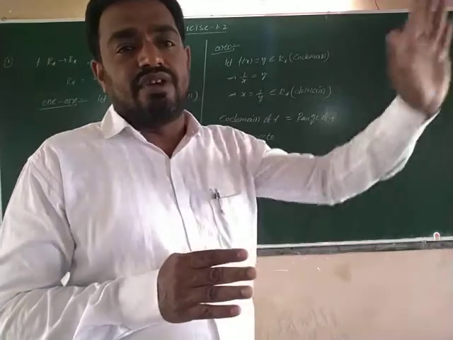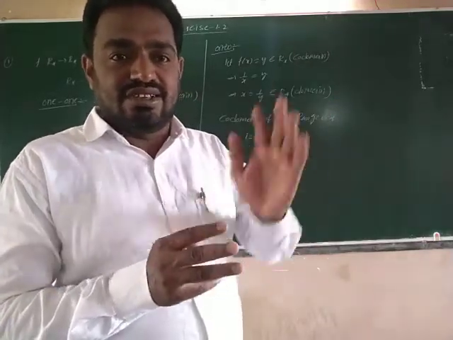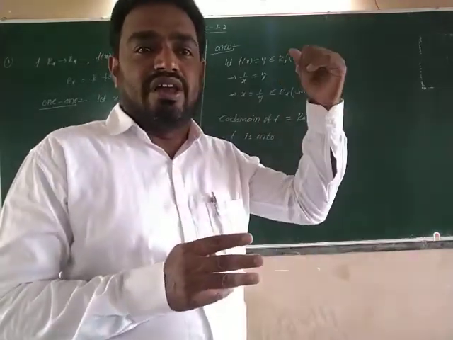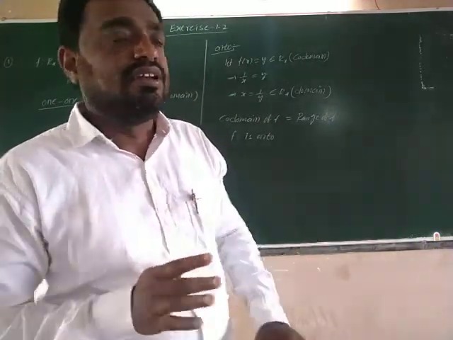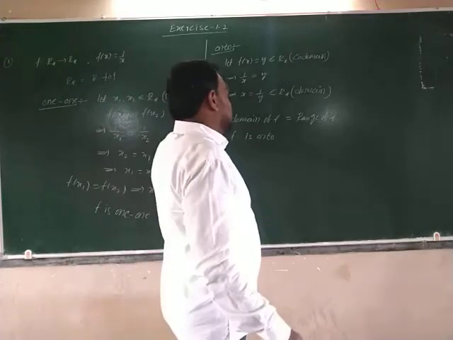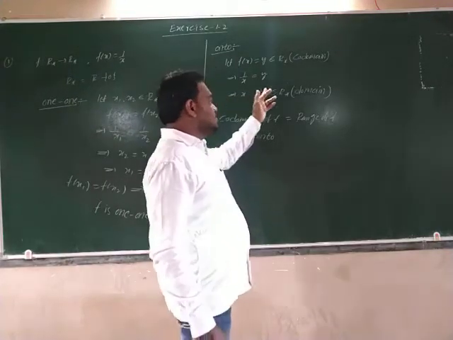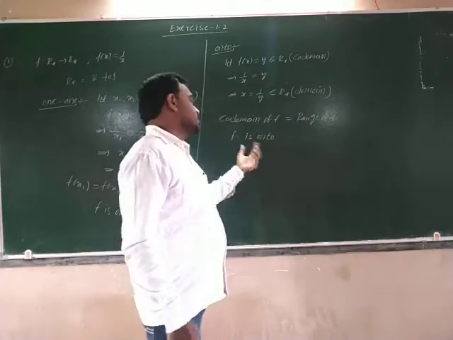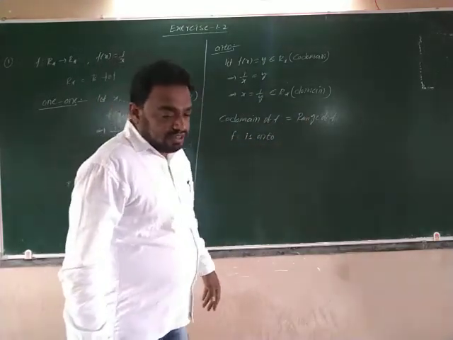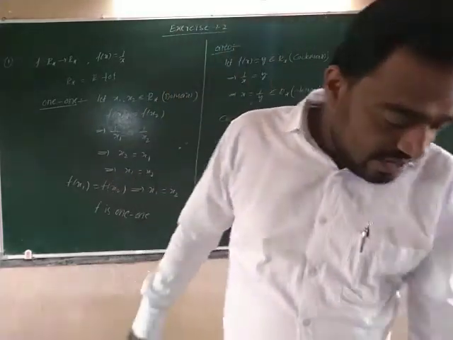If that value exists in the domain, then it is onto. This is one of the simple methods. If it exists, it means the codomain is equal to the range. Therefore, f is onto.